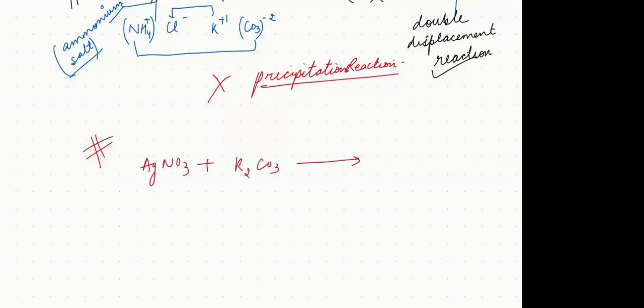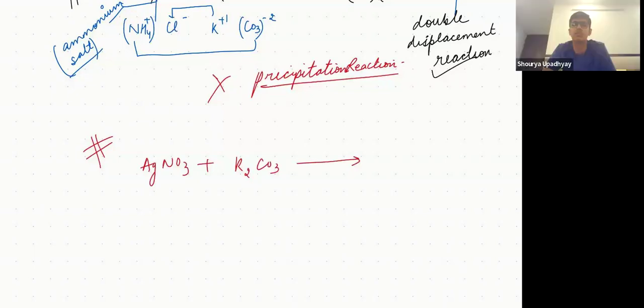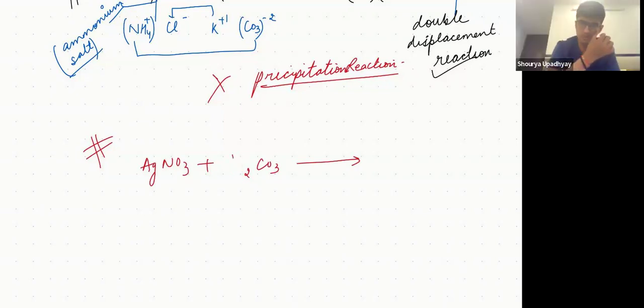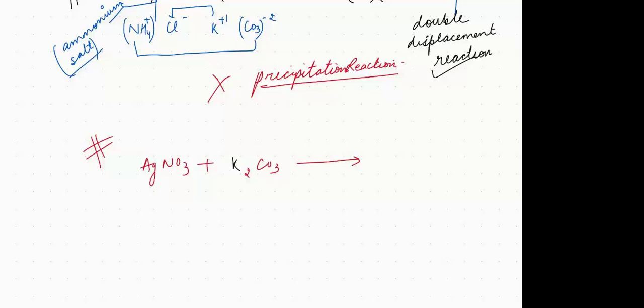AgNO3 is the only salt of silver which is soluble. And K2CO3 is a salt of potassium. Ma'am, earlier you have written that all the carbonates and phosphates form precipitate, except for sodium, potassium, ammonium.